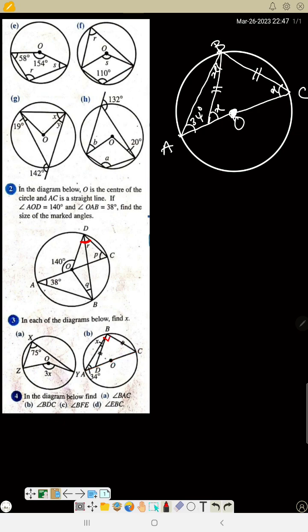So the total angle here must be 90, because the angle at the center is twice the angle at the circumference. So that means this place must be 90. X is the exception.